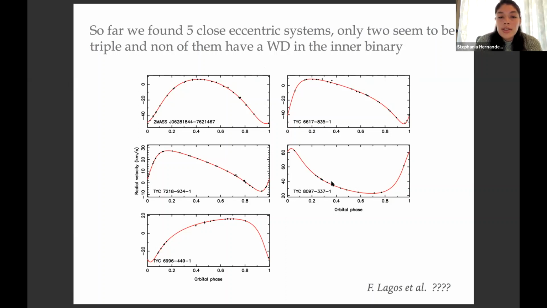Five of these systems were observed with SPHERE to confirm the existence of a third object, but only in two cases the third object was confirmed.